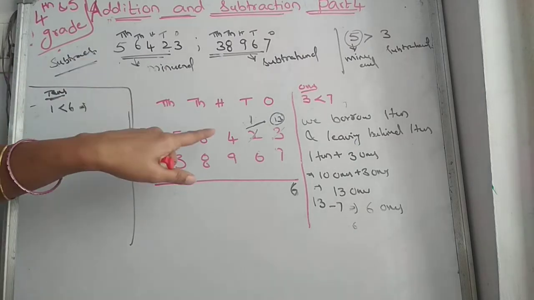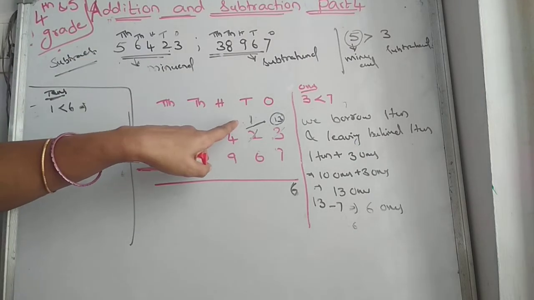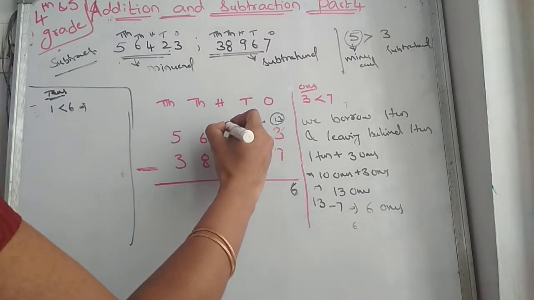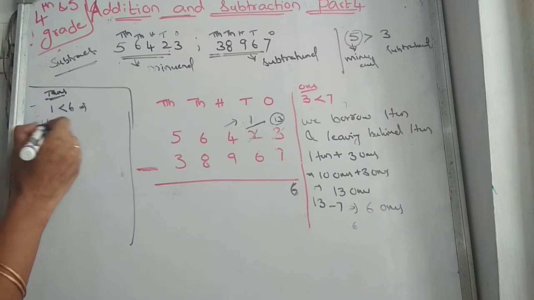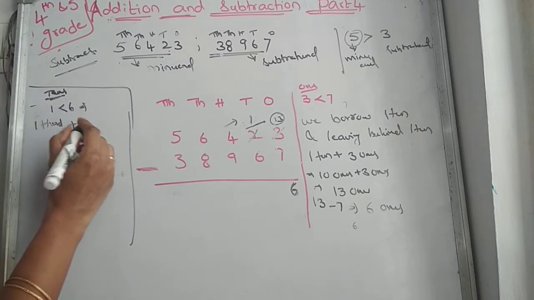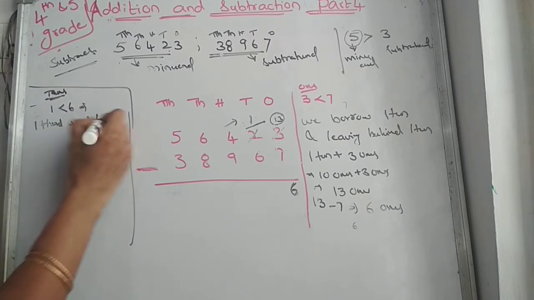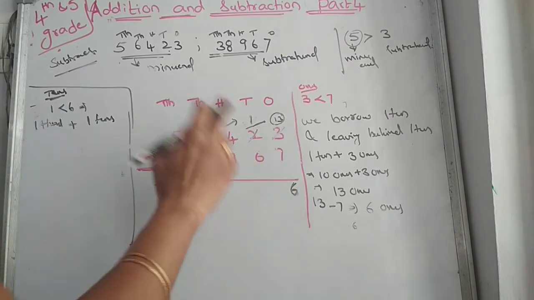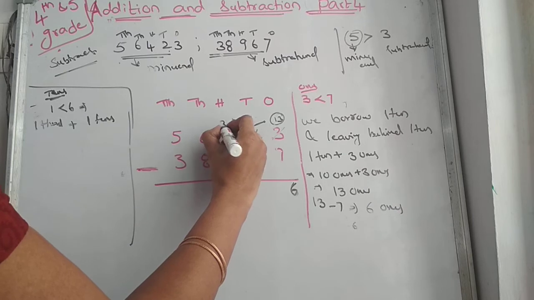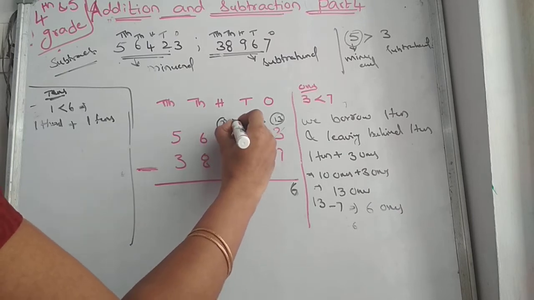What do we do again? We borrow 100 here. We borrow 100 and leave behind 3 tens, 300, because it will give 100 to here.